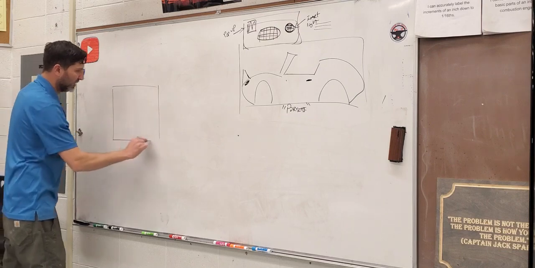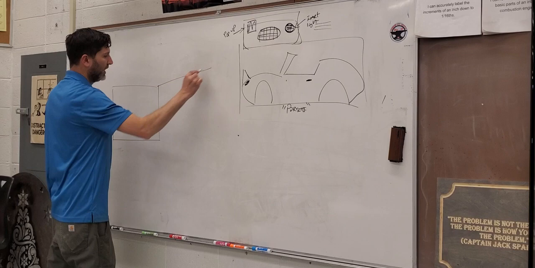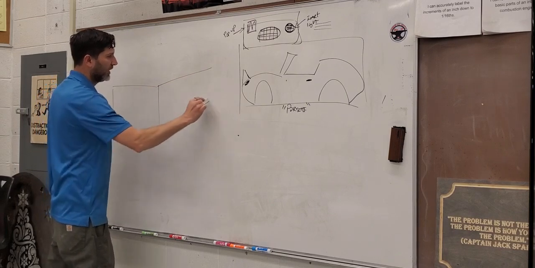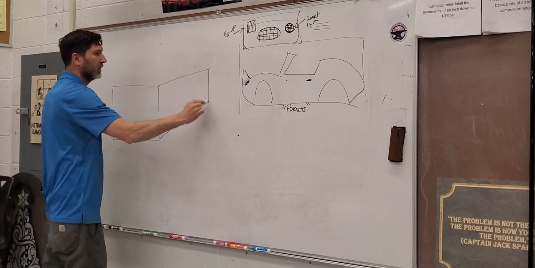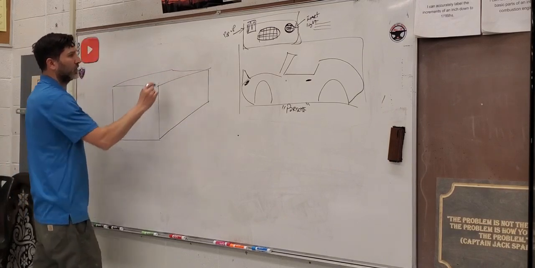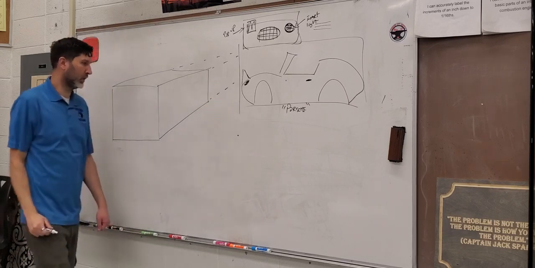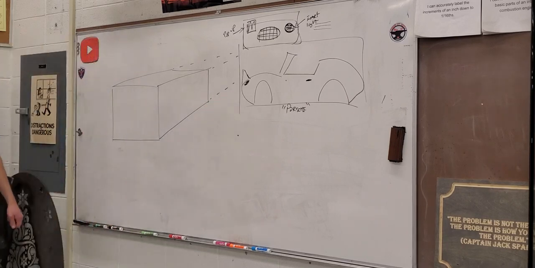And I'm going to try and do this in perspective. So this line and this line are going to look kind of silly. And this line, okay, so these would all go to a vanishing point, okay? This is going to look goofy.